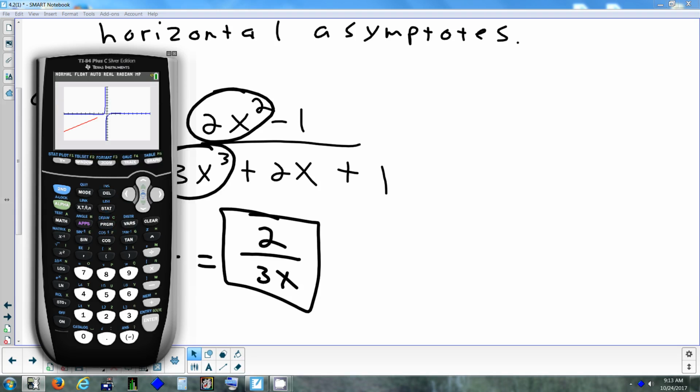Notice it does take the calculator a while to draw these functions. And I lied, I do need parentheses. Let's look at it again. So it kind of looked like a diagonal line before. That's because my order of operations wasn't good.